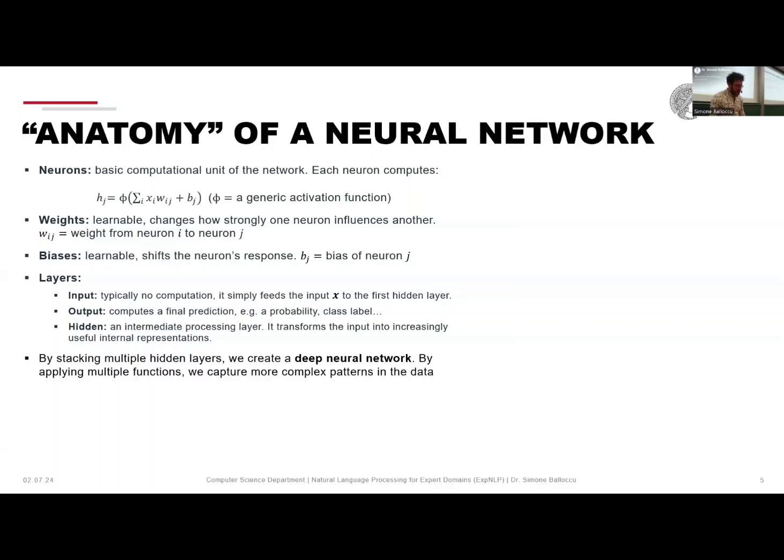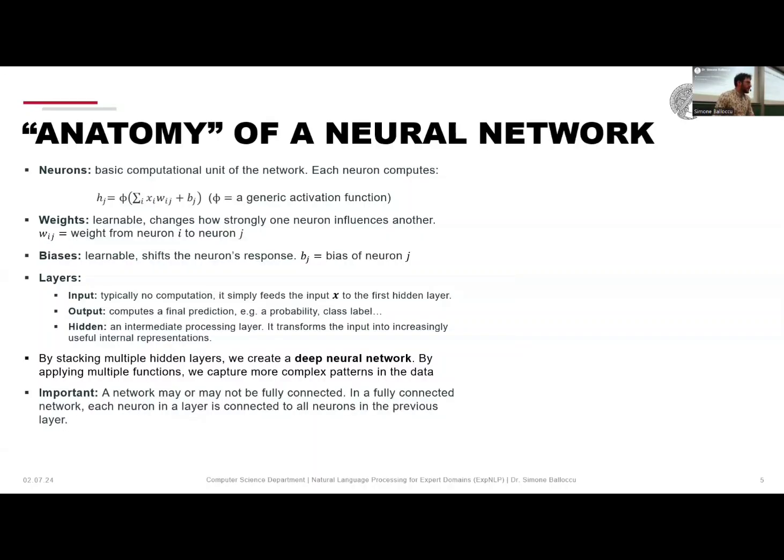So now it means that we can stack multiple hidden layers, and we can build a deep neural network. A deep neural network is typically a network that starts having 2, 3, whatever hidden layers. Since a neural network captures patterns in the data, the more hidden layers you stack, the more your pattern becomes complicated, refined, less of a line, for example.